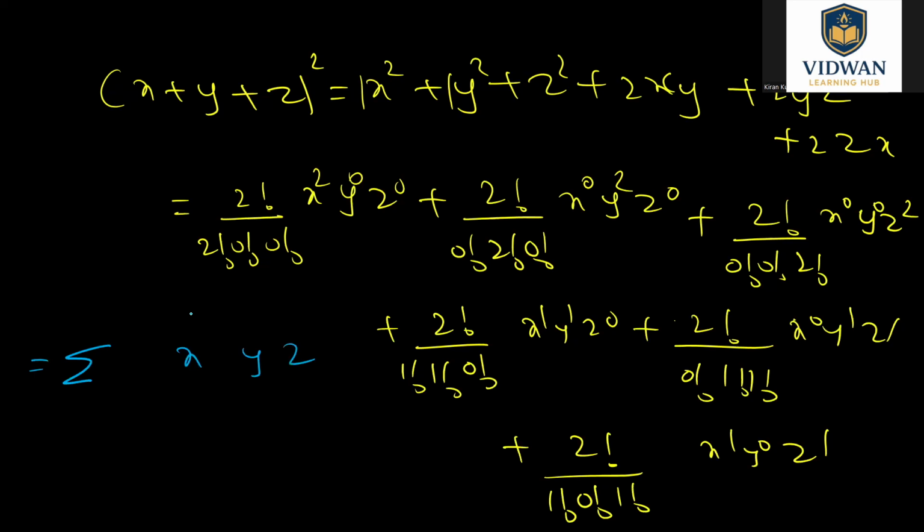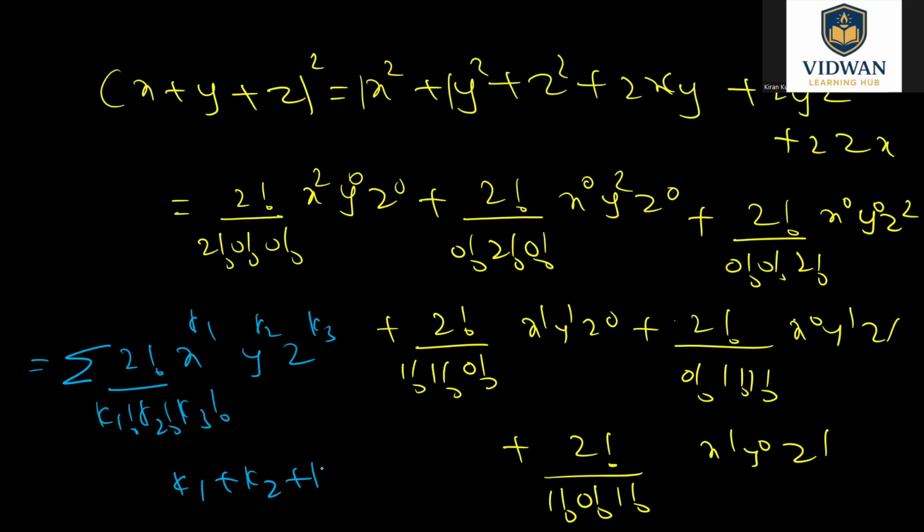Suppose you assume that the powers of x, y, z are k1, k2, k3. So in the first case, k1 is 2, k2 is 0, k3 is 0. In the second case, k1, k2, k3 means 0, 2, 0. That is another triplet. So what is there before the power? Index factorial, so 2 factorial by factorial of k1, k2, k3. And in every term, what is k1 plus k2 plus k3?